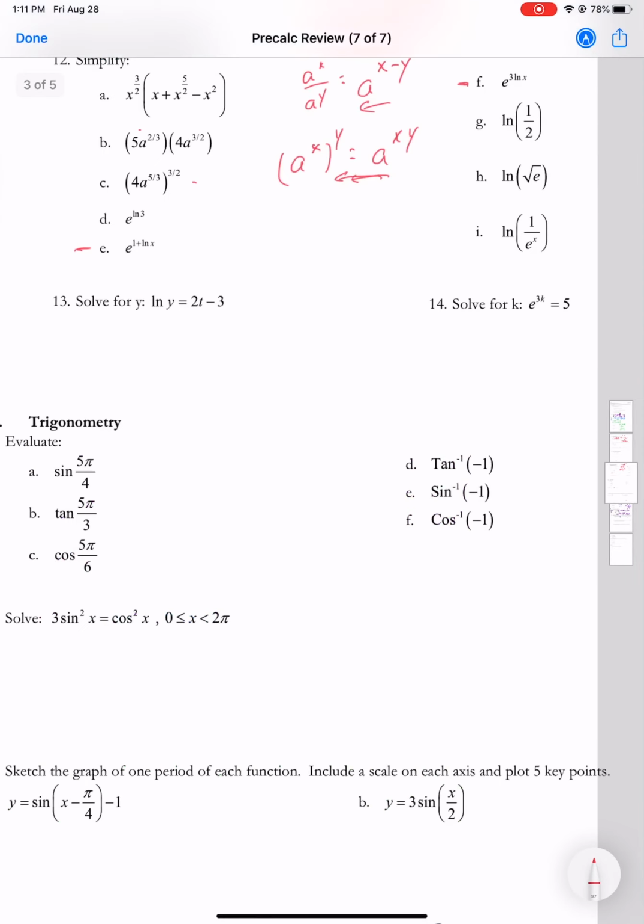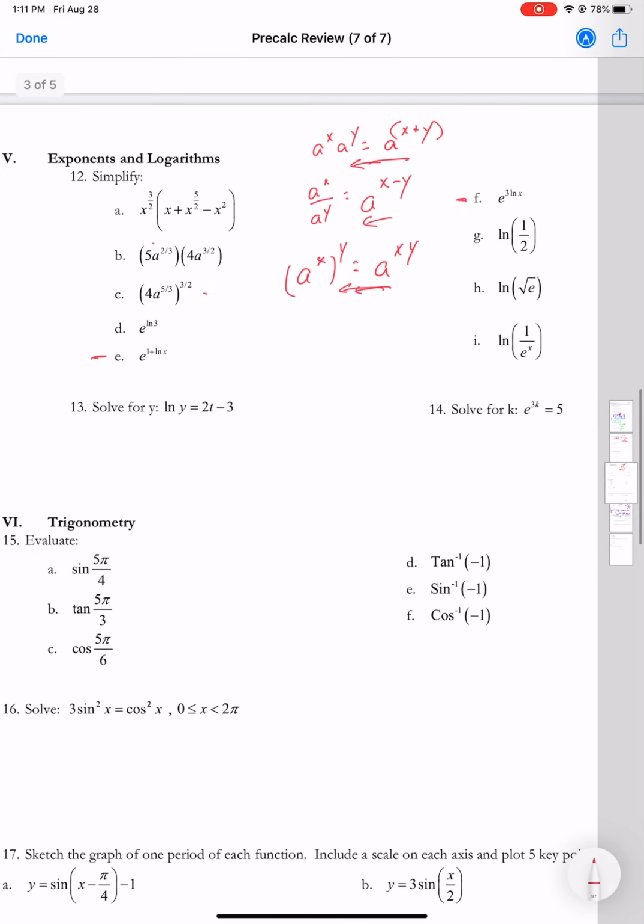The other thing we need to know is basically what a natural log is. So natural log of a number, that's what this ln stands for, natural log. That really just means, in this case, like natural log of 1/2, that's asking us e to what power equals that number.